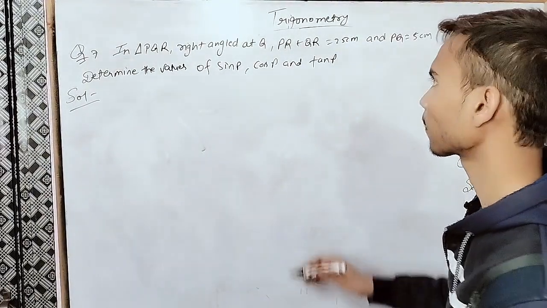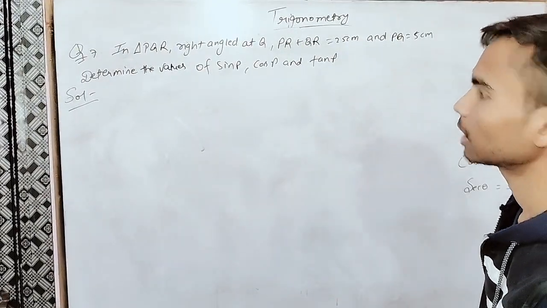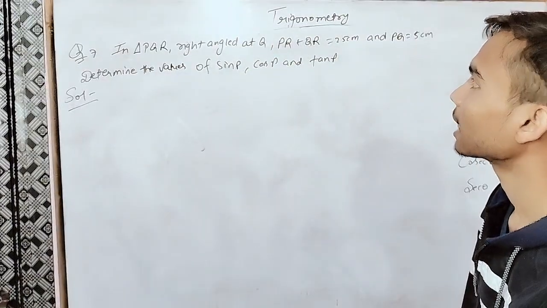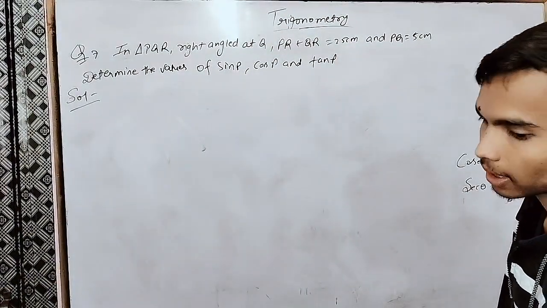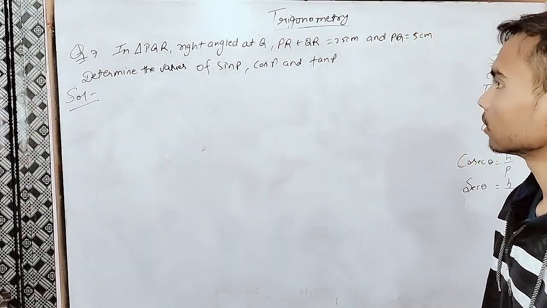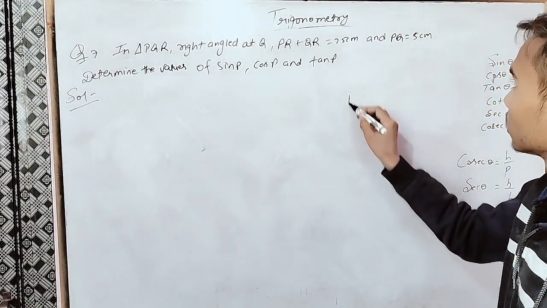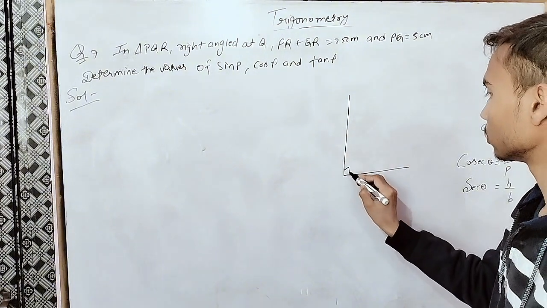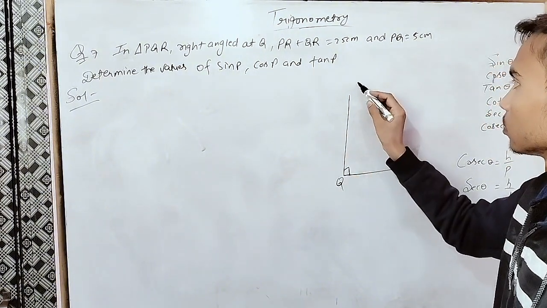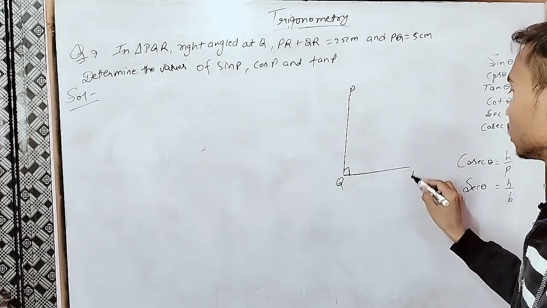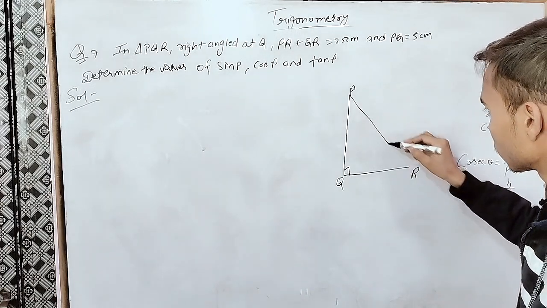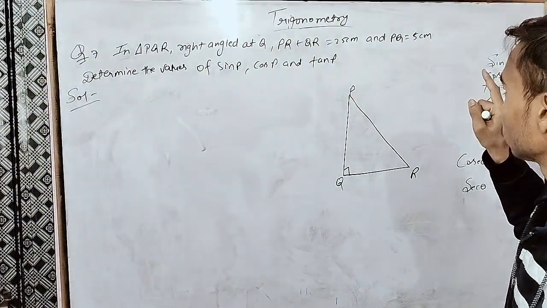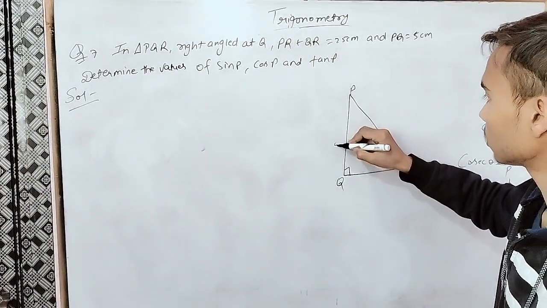So the question says you have a triangle named PQR, right angled at Q. This right angle is Q, so of course this will be P and this will be R. PQ is 5 centimeter.